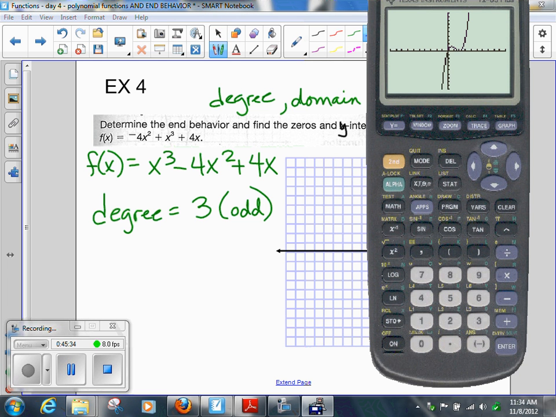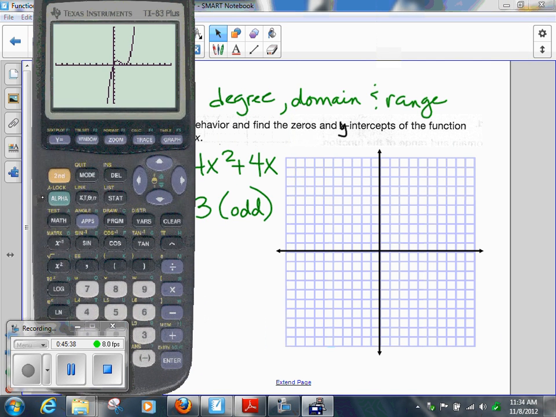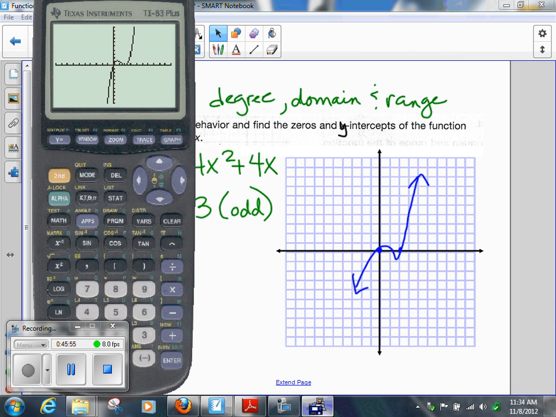Y'all got to help me because I guess I could move this, but it's going to go away as soon as I touch the board. Let's see here. Is it passing about 0 and then at 2? Was it something like this, maybe? Ooh, that's a bad sketch.